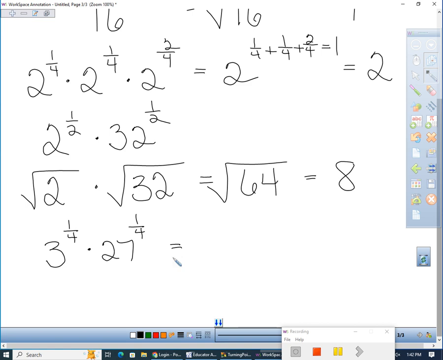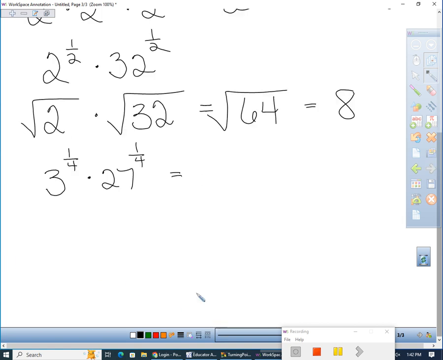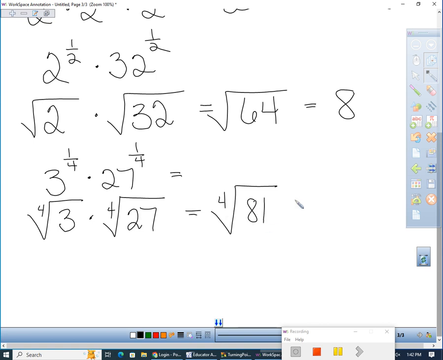So the 4th root of 3 times the 4th root of 27. So it's the 4th root of 81, which equals 3. Okay? So in the first section, you're simplifying it. If you cannot put them together as fractional exponents, like in both of these cases, because the bases are different, change them into radicals. Okay?